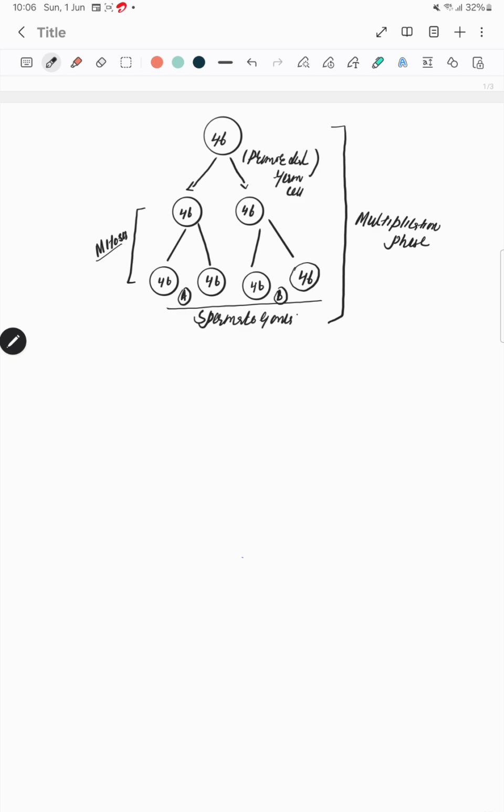Now, this primordial germ cell forms spermatogonia A and spermatogonia B. When this takes place in males, it takes place at the time of puberty.